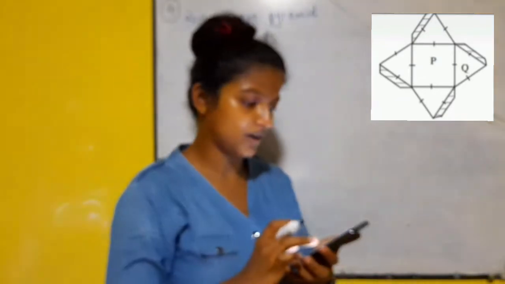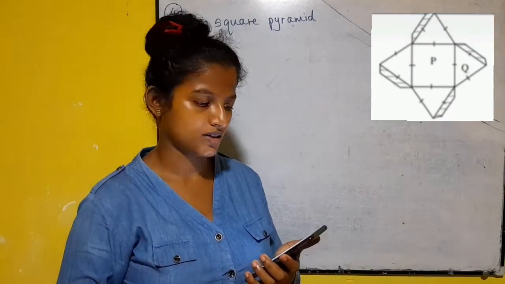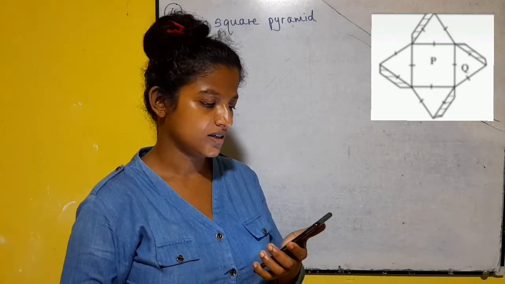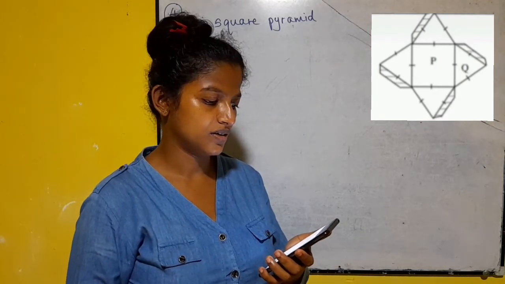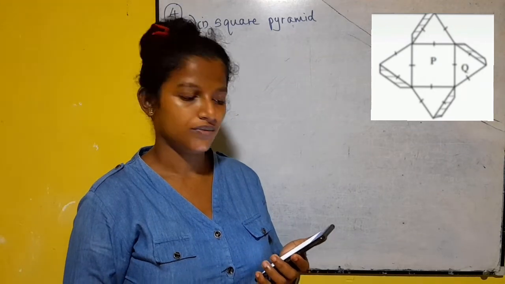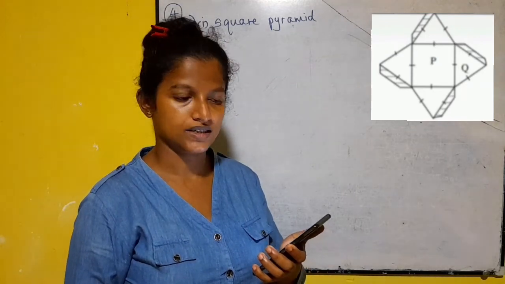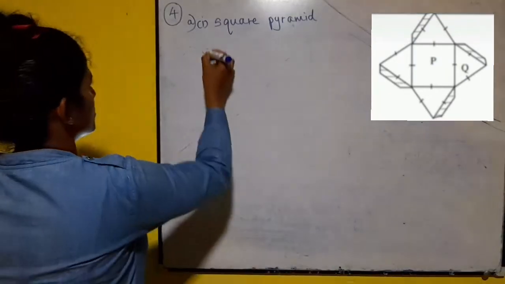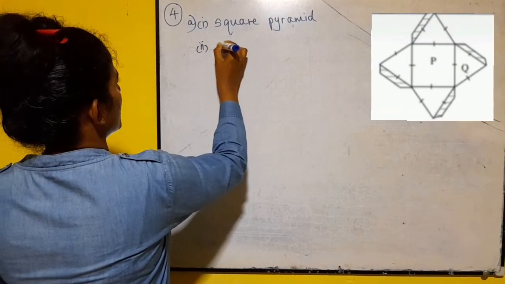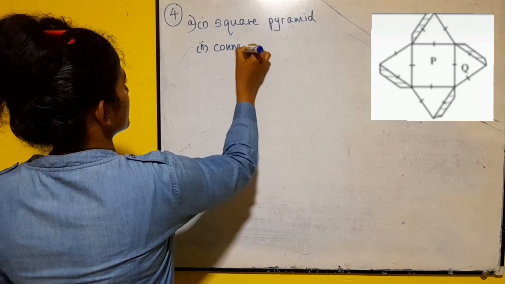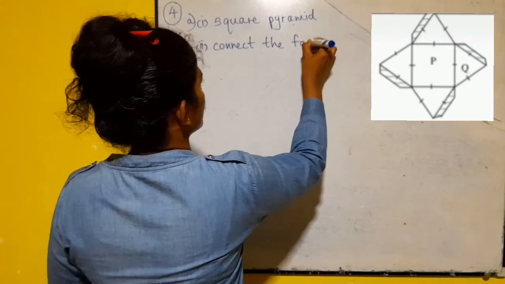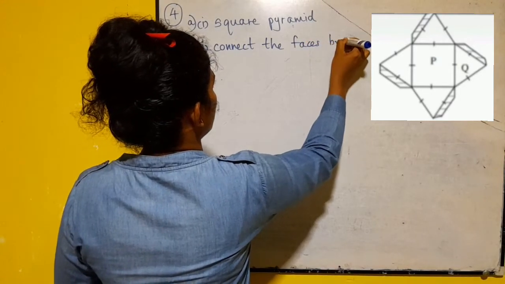Then second one, what is the use of the shaded parts? Here the shaded parts are the pasting allowances. So by using that, we are connecting the faces by pasting them together. So the answer is connect the faces by pasting.